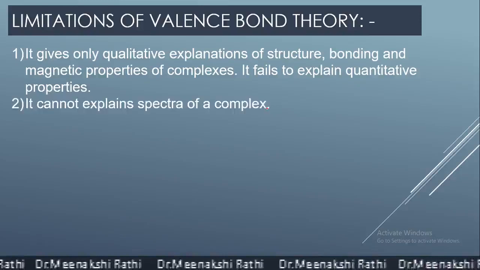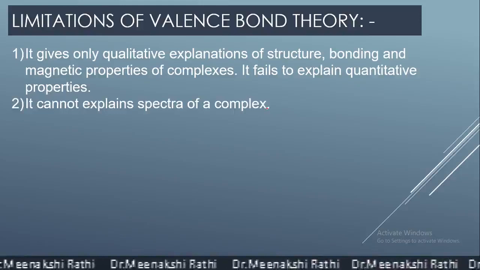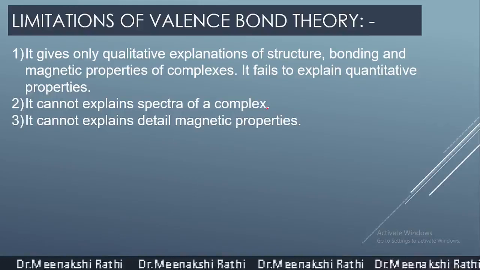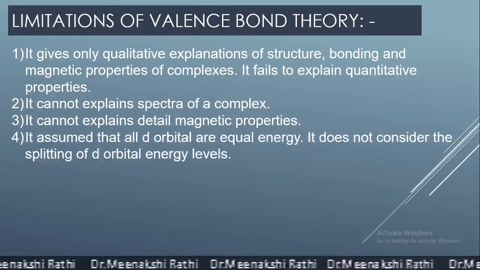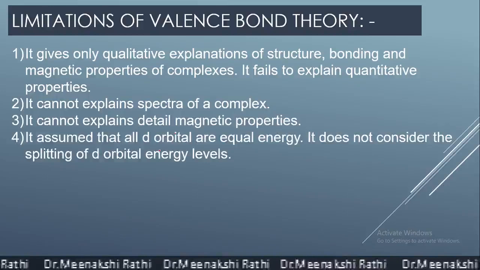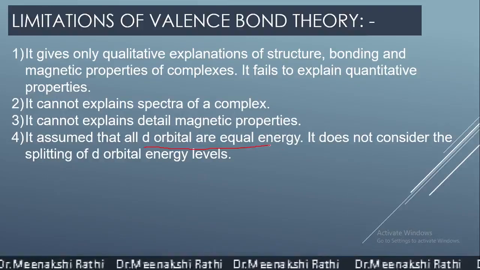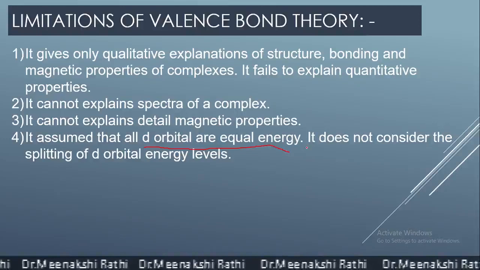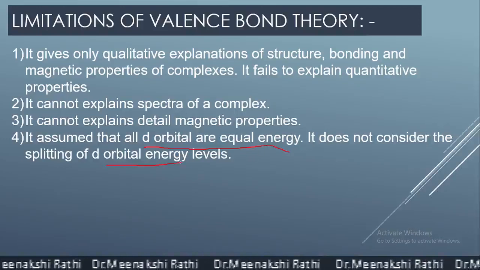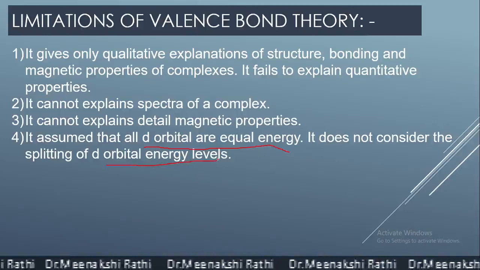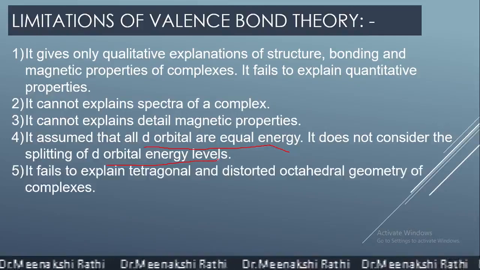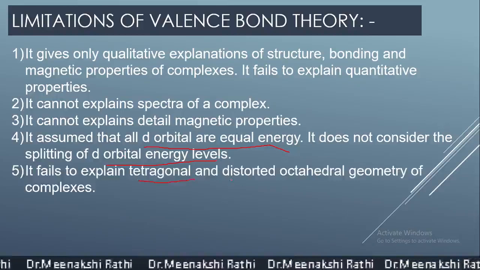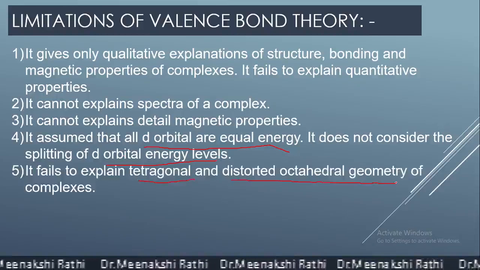It cannot explain the spectra of complexes. It cannot explain detailed magnetic properties. It assumes that all d orbitals are of equal energy; valence bond theory does not consider the splitting of d orbital energy levels. It fails to explain the tetragonal and distorted octahedral geometry of complexes.